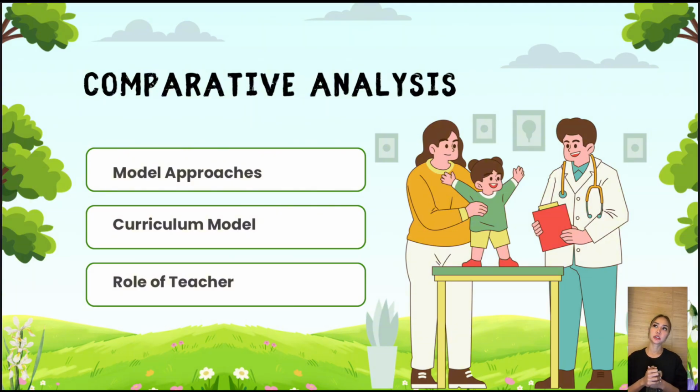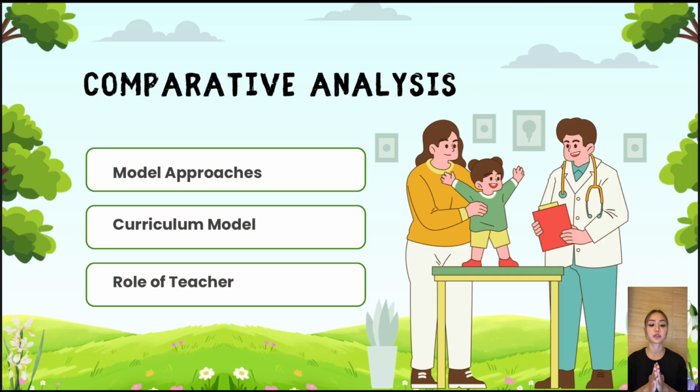The other difference among these three models is the curriculum. The curriculum of the HighScope model comes from two sources, the child's interest and the key experiences. The children and teachers initiate the learning activities with a structured but flexible curriculum.